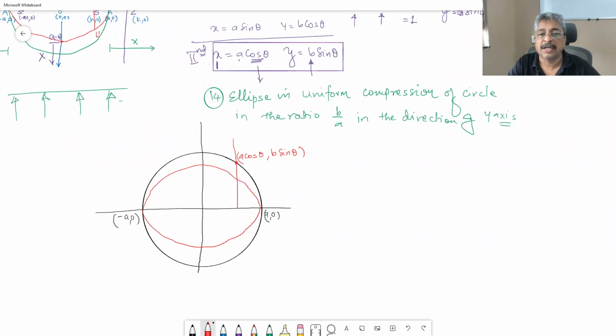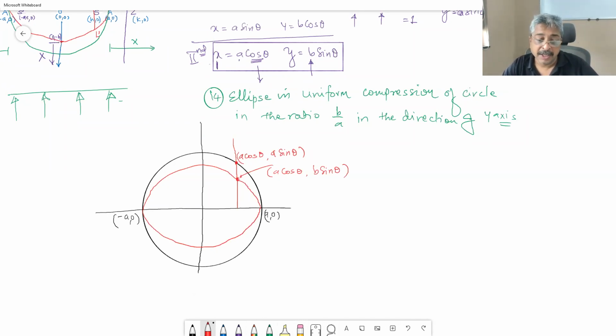The point on the circle is a cos theta, b sin theta, and you are compressing it. The x coordinate of this point will continue to remain the same, a cos theta, because it is a vertical compression, and the y coordinate, this is a cos theta. That is the point on the circle, and you are compressing it by b by a, therefore it becomes b sin theta as the y coordinate on the ellipse.